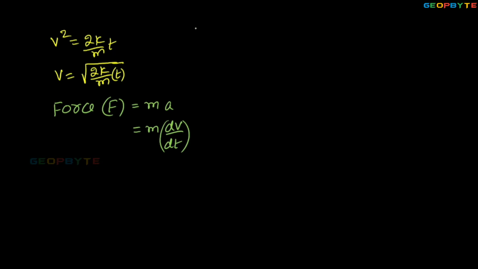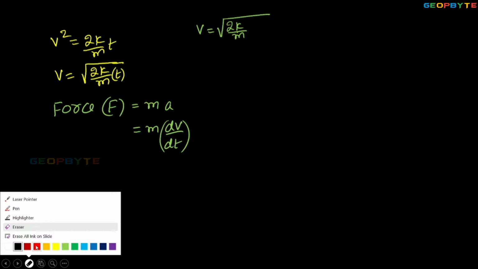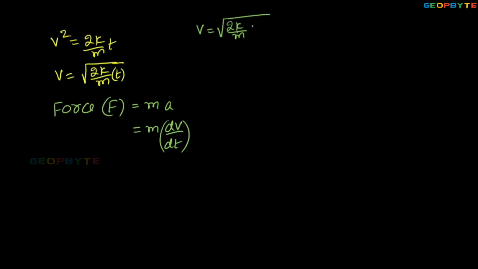Here you got the v value: v equal to root over 2k by m into t. Then dv by dt equal to d by dt of root over 2k by m t.